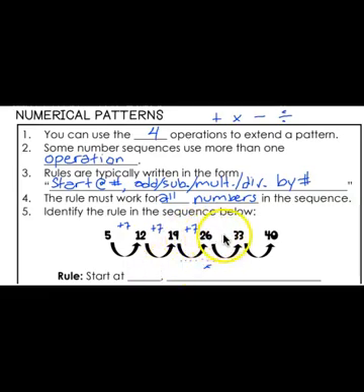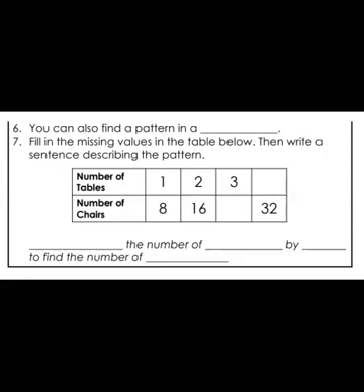And yes, it got me to 26. So the rule, and you can check this, is start at 5. And then what did we do? Add 7. Start at 5 and add 7.